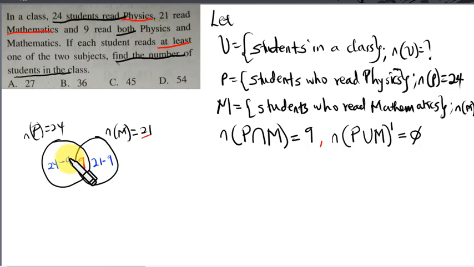Now that is very necessary to do, because if you don't do that, you'll be counting some students twice, because we are told that there were 9 students who read both physics and mathematics. So if you are not subtracting this, then we are of course going to count them twice, and that can be very costly. So let me draw the universal set.